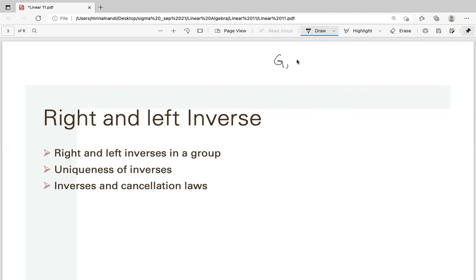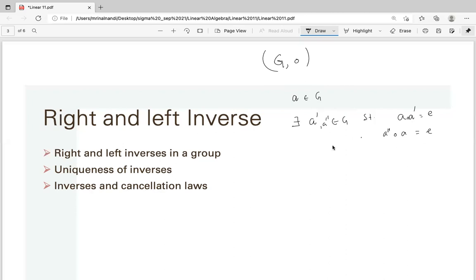If G is a group with some binary operation, and A is an element of G, and if there is an element A dash belonging to G such that A composed with A dash is E, the identity of G, then A dash is called a right inverse, and if A double dash composed with A is E, this is called a left inverse.